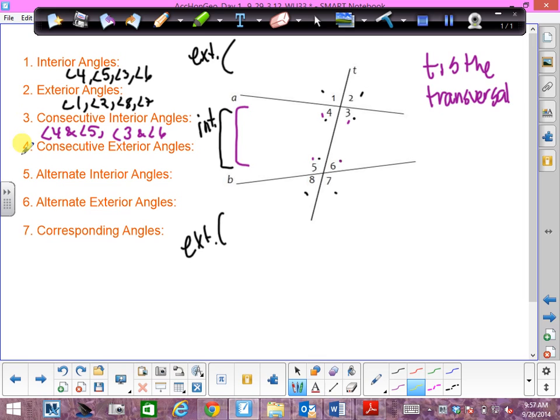So consecutive exterior means they're on the exterior part of the two lines, but they are on the same side of the transversal. So angle 2 and angle 7 would be one pair of consecutive exterior angles. And then angle 1 and angle 8 would be the other pair.